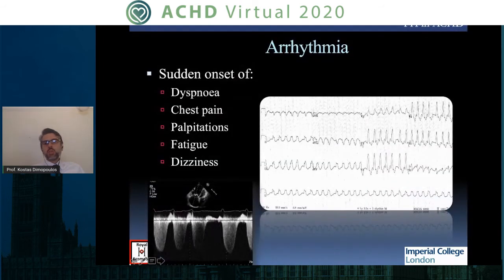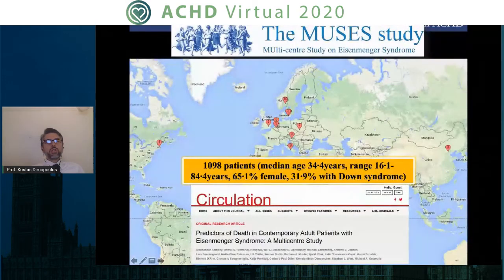Of course, we know that when a patient with pulmonary hypertension presents with an arrhythmia, when the heart rate goes up there's hardly any time for filling, and hence there can be sudden deterioration and even death in these patients soon after the onset of arrhythmia.